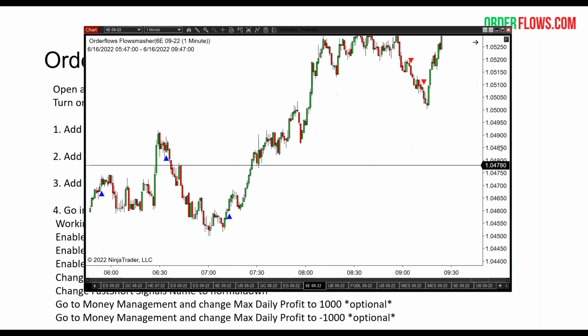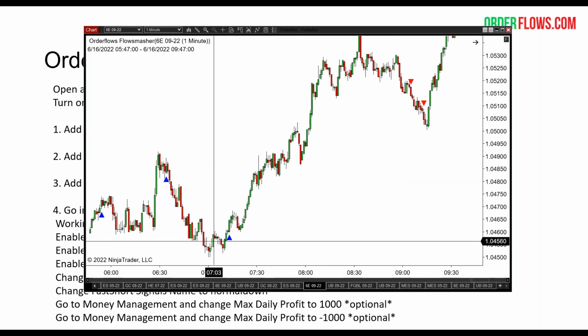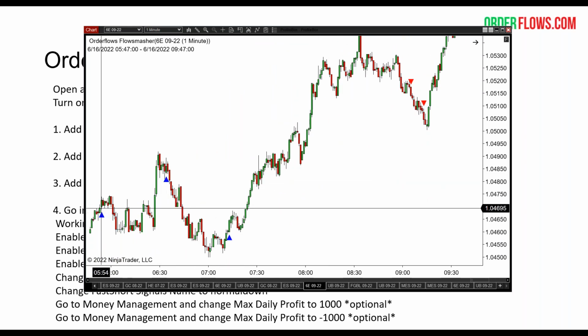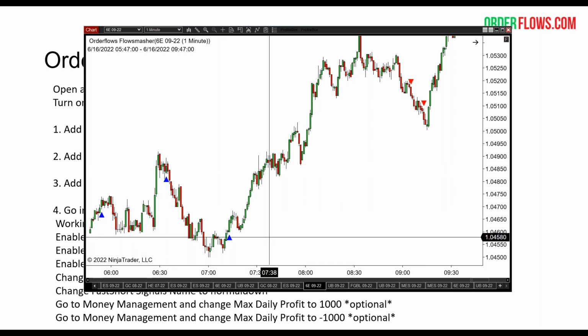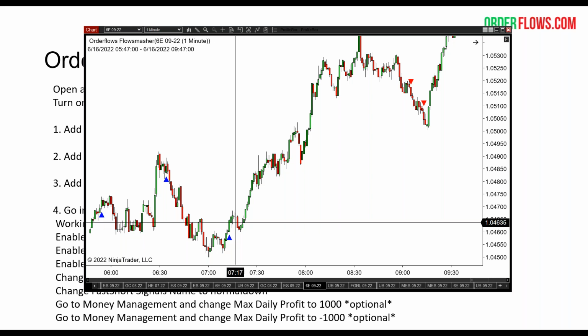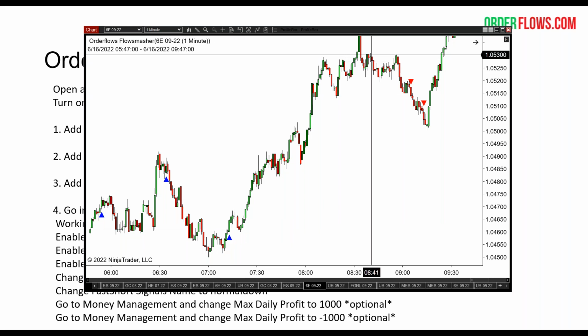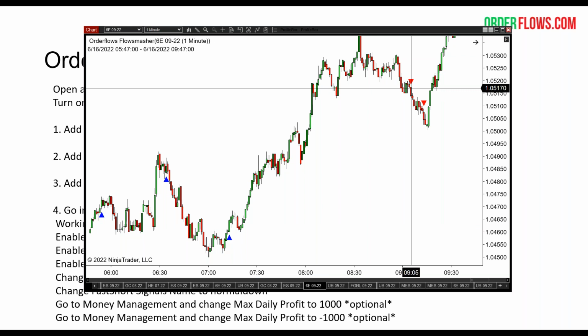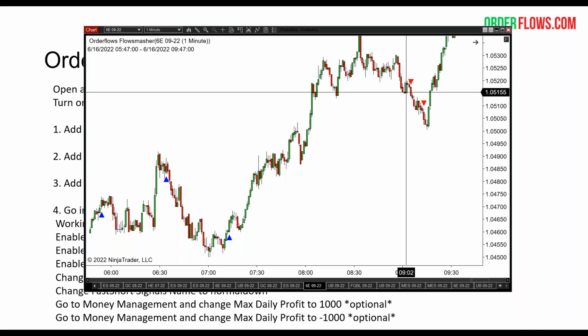Just lately, the market's been rocking and rolling, right? So you get stopped out here, you get stopped out here, then you catch the big runner from 104.60 all the way up. Even if you cut it here, 105.17, a 60-tick move in the Euro currency, right?